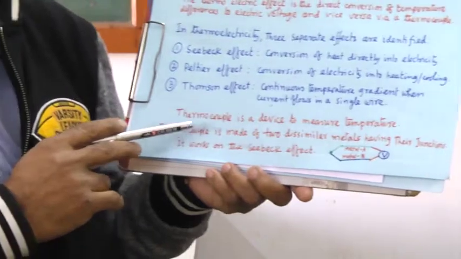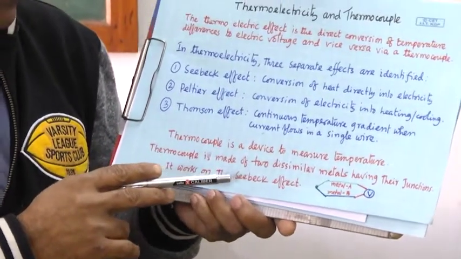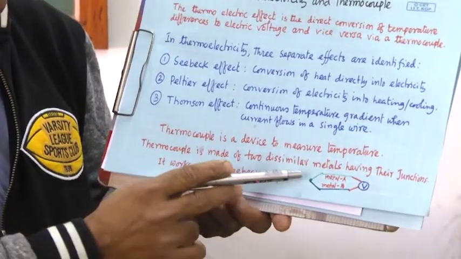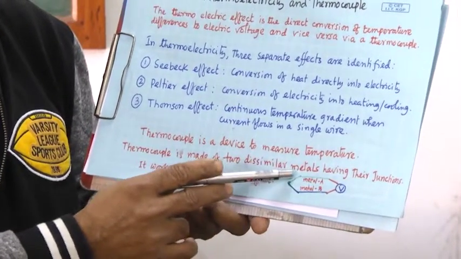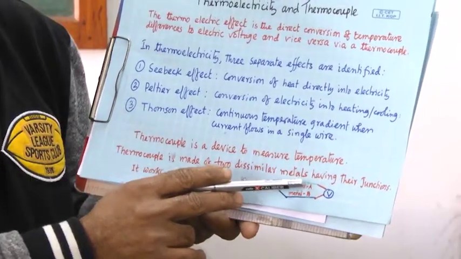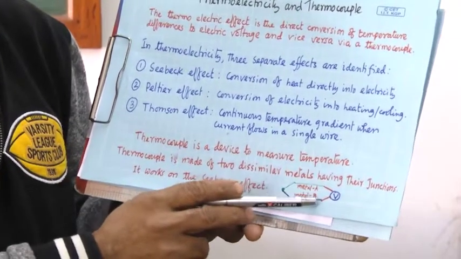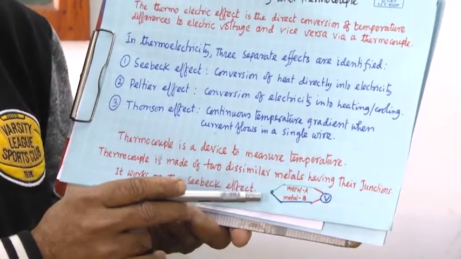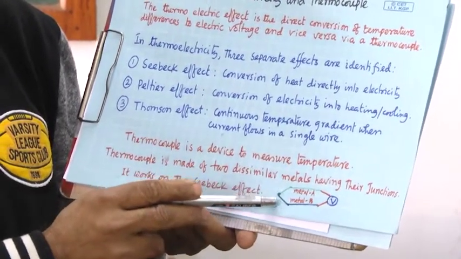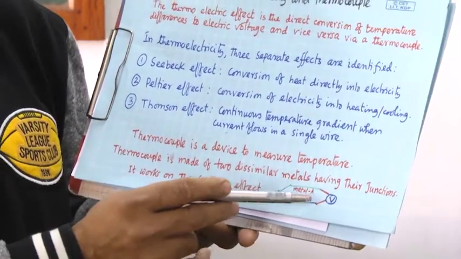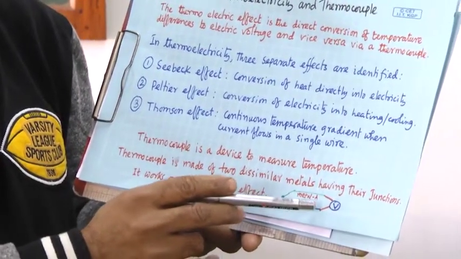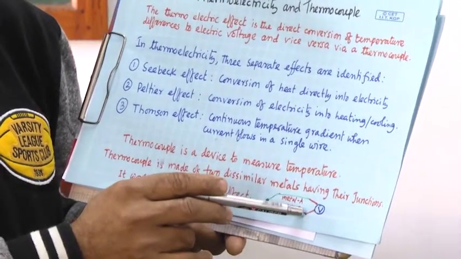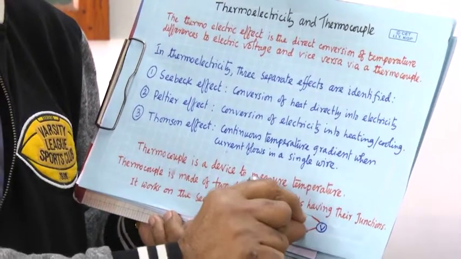So, it works on the principle of the Seebeck effect, right. If you take one wire of metal A and another wire of metal B, this is the junction, and here this is another junction.